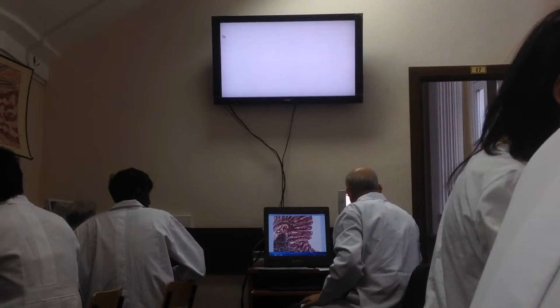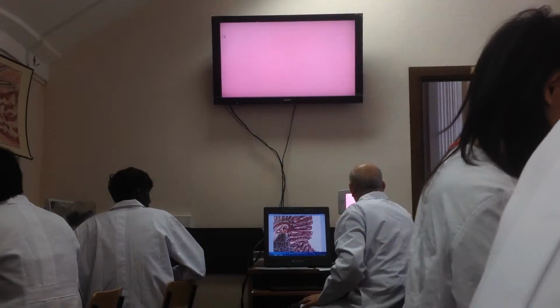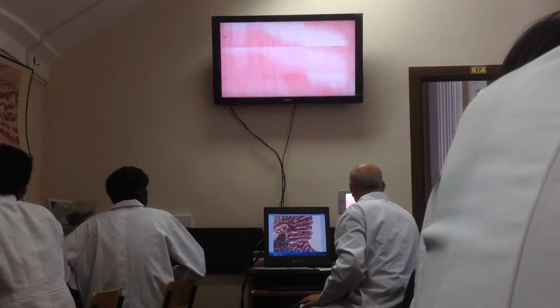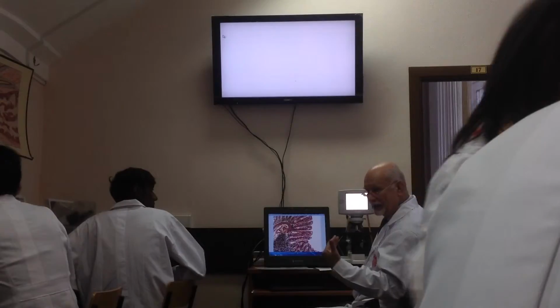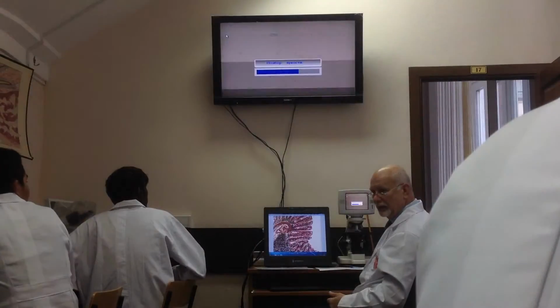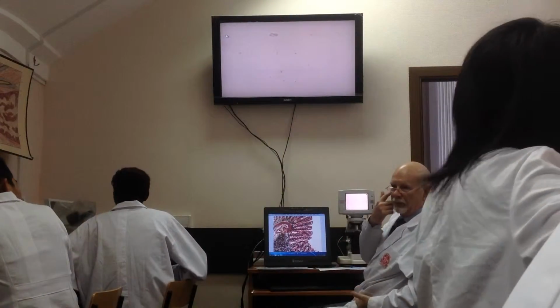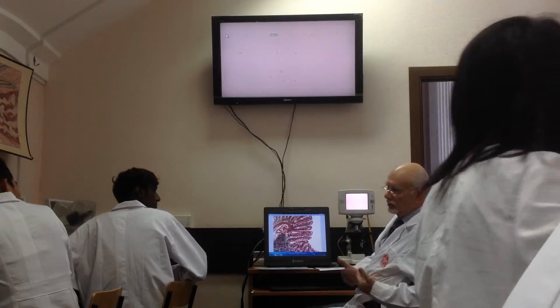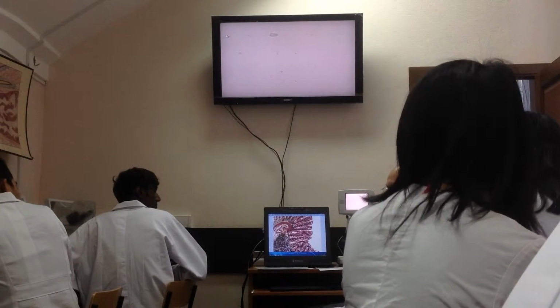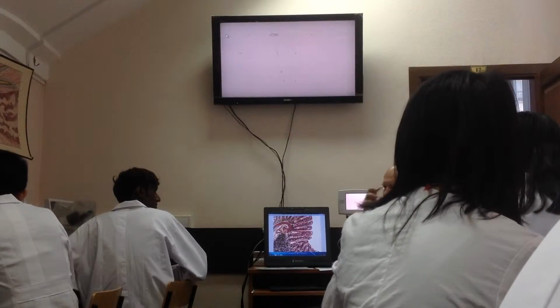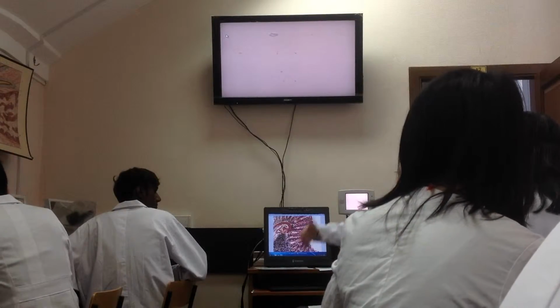So, to differentiate the organs, we must compare the slides. Understand? To differentiate parotid and pancreas, very often our dear students confuse the organs. Instead of parotid, students say pancreas.